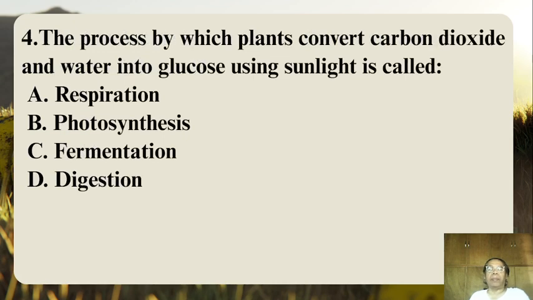Number 4. The process by which plants convert carbon dioxide and water into glucose using sunlight is called A. Respiration, B. Photosynthesis, C. Fermentation, D. Digestion.